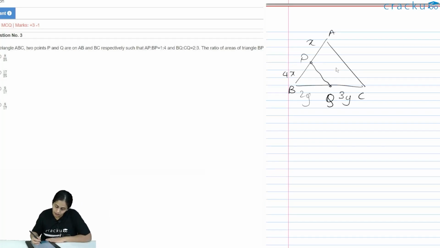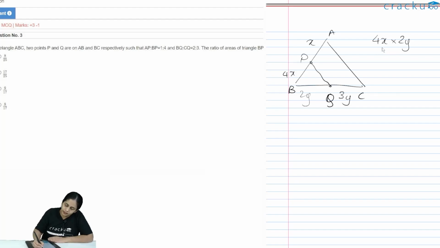Okay, so basically it will be half into 4x into 2y into sine B, and this would be the entire triangle BPQ by triangle ABC.